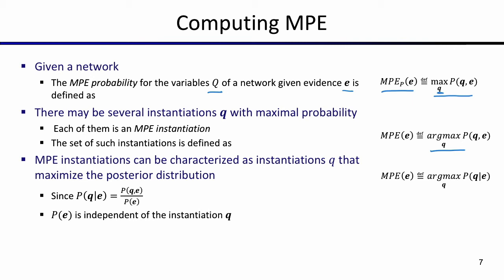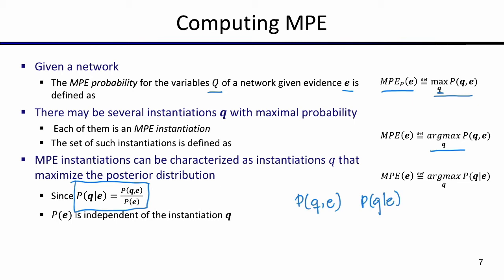Notice that we are talking about this probability of Q and E, and not the probability of Q given E. That is basically the same thing, because we have this result here, that the probability of Q given E is the probability of Q and E divided by the probability of E. So what we are talking about is basically going to be a normalization step.